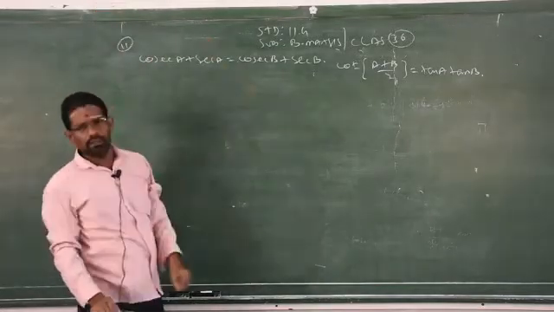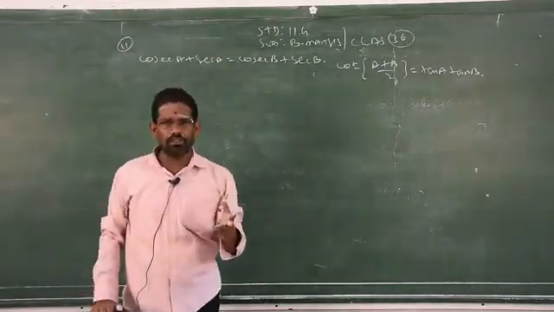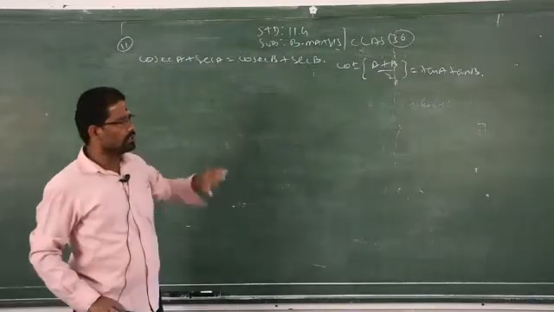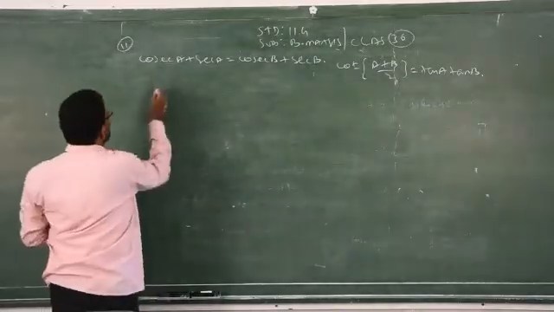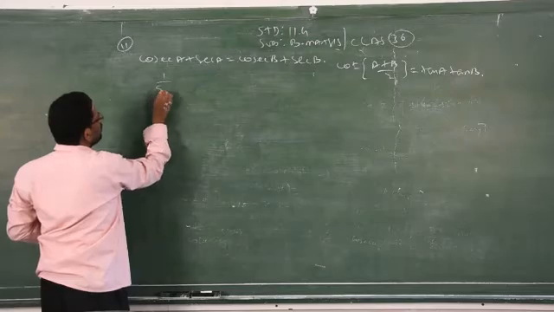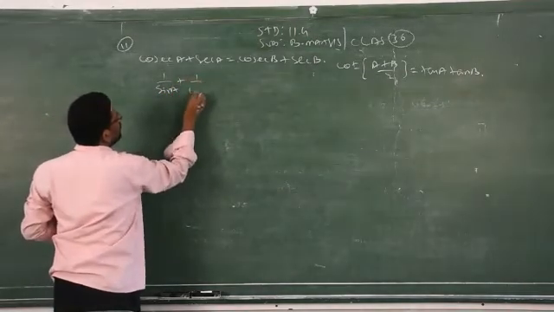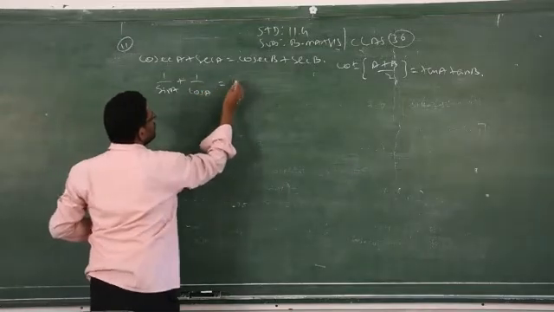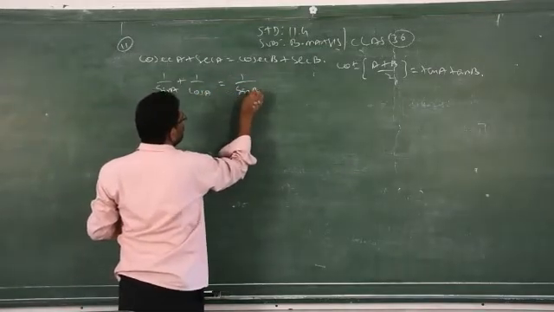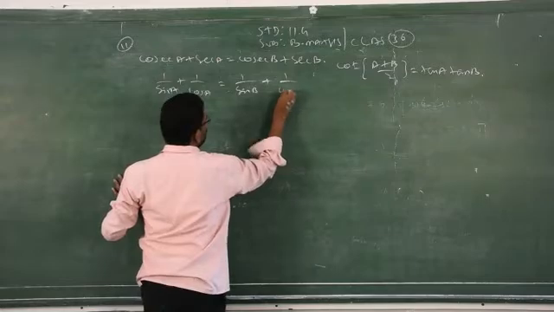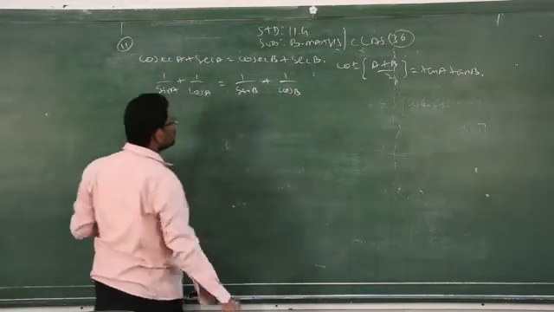So when you see other ratios, please convert them in terms of sine and cos. Cosecant A is 1 by sin A, this you know already from the lower classes, is equal to cosecant B, 1 by sin B. Again secant is 1 by cos, that is the reciprocal of cos is secant.